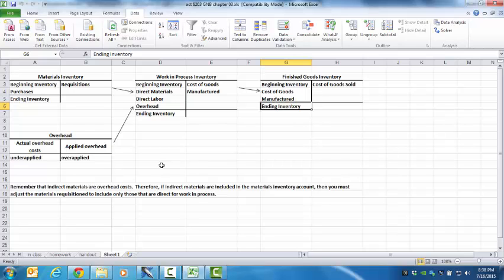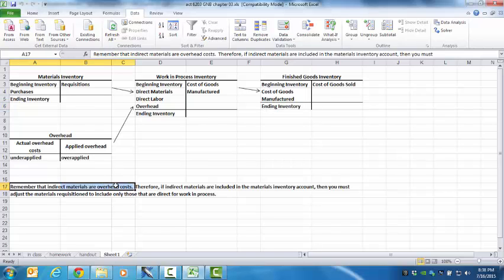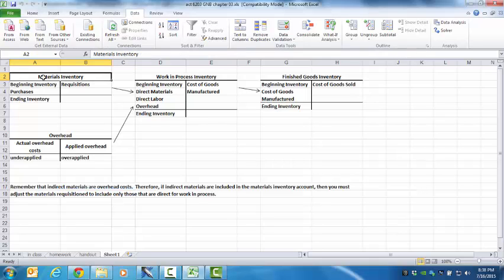I do want to make one small note about these indirect materials. Recall, they are overhead costs. Some companies keep all materials in one account, both direct and indirect. And if this is indeed the case, then when you make a requisition, you need to be careful that only the direct materials are counted in work in process. The indirect one should be transferred down here to the overhead.